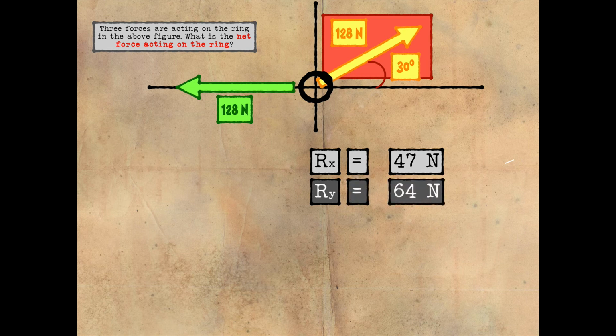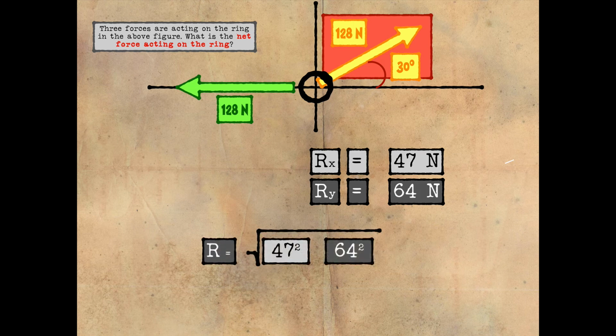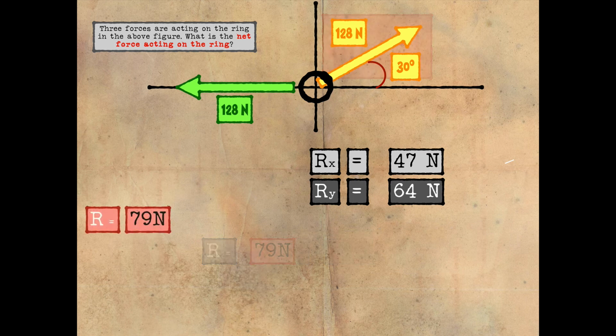So now that I have my resultant x and my resultant y vectors, I can now use Pythagorean theorem to find the actual resultant vector. Okay, and you know Pythagorean theorem very well. And this gives me a resultant vector of 79 newtons. So I'm going to lay 79 newtons off to the side because even though the problem only asks for a resultant vector, I'm going to go a step further, and you'll see why in a second.